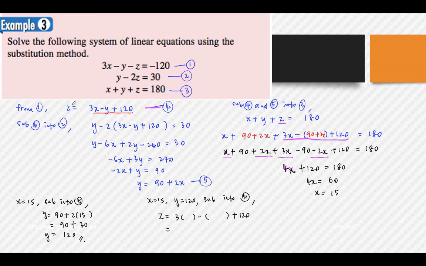X is 15, Y is 120. 3 times 15 is 45. Because this is negative, it cancels out: minus 120 plus 120 is zero. 3 times 15 gives 45. So we get 3 answers. Therefore, your answer will be x equals 15, y equals 120, z equals 45. Finish.